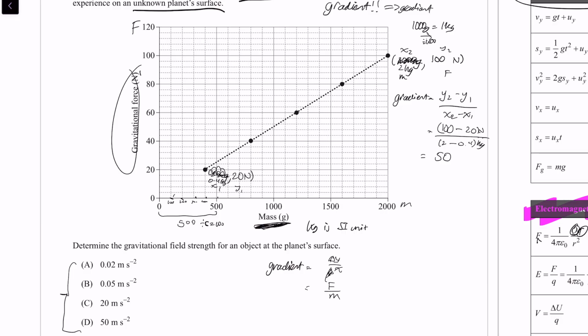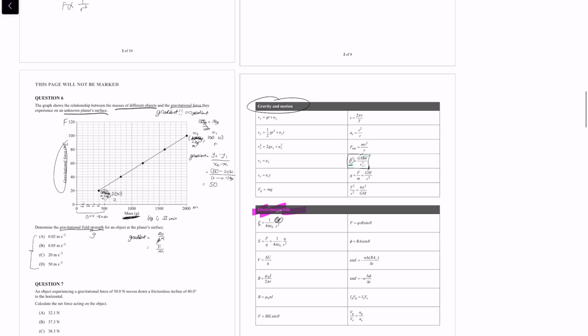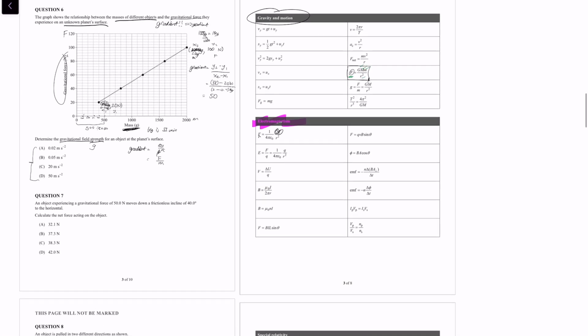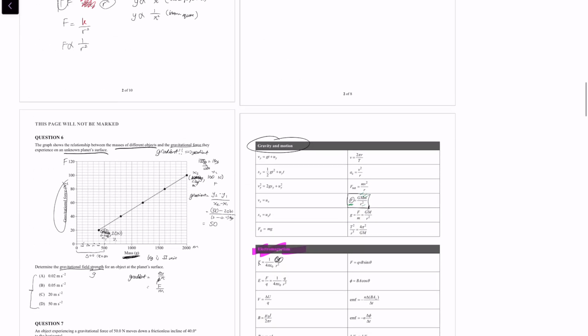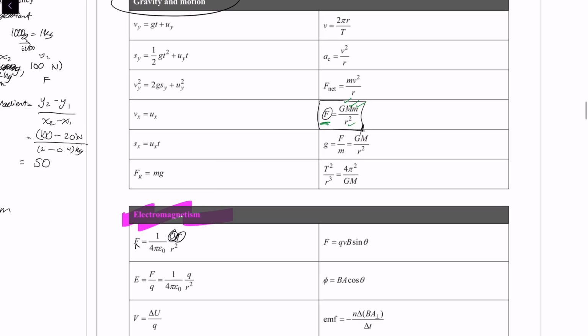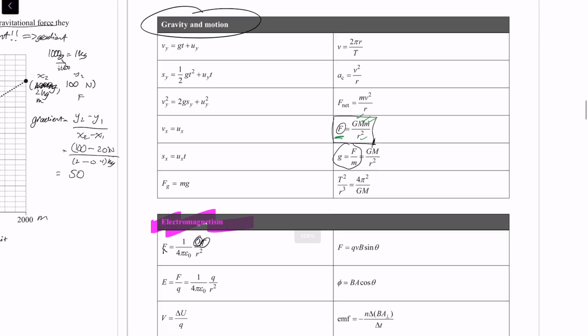Now from this, I look at what I'm trying to find. The gravitational field strength is lowercase g, okay? And with lowercase g and capital F and m, looking at gravity in motion, I'm trying to use this formula right here.